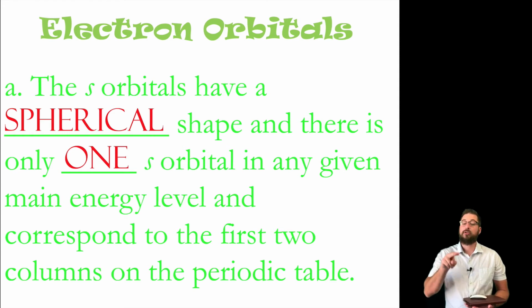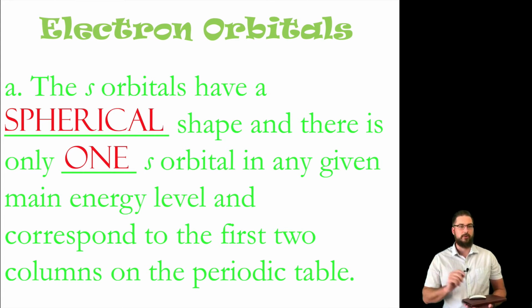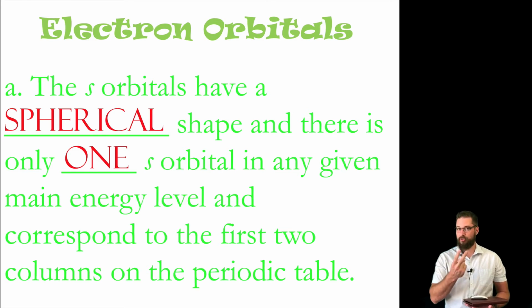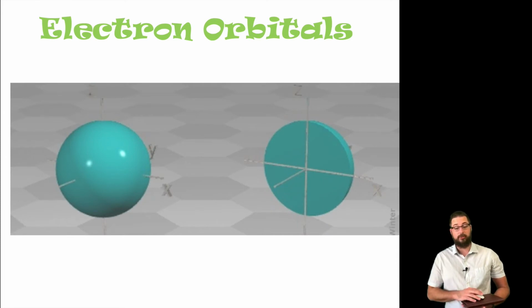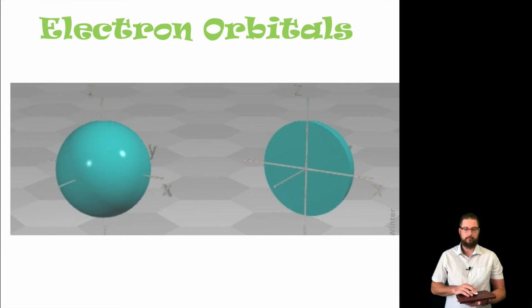So because there's only one s orbital and there's 2 electrons per orbital, that means there's 2 electrons that can go in the s orbitals. And this is the shape of the s orbitals. They are a sphere. It's amazing.